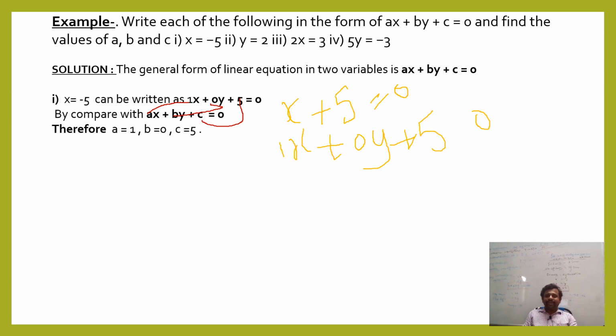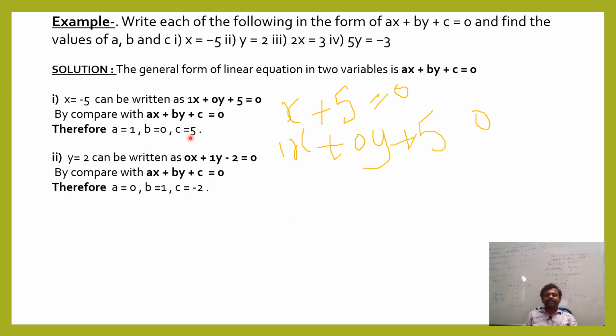So x is equal to minus 5 can be written as 1x plus 0y plus 5 is equal to 0.